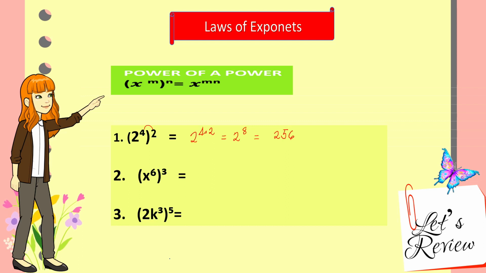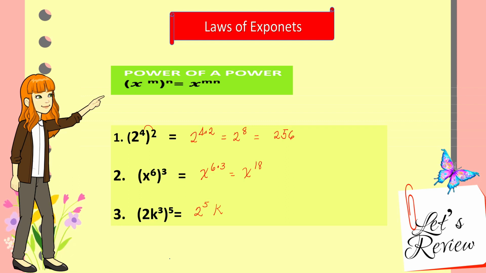Number 2. The quantity x raised to the 6th power cubed. So, we will multiply 6 times 3. This is equivalent to x raised to the 18th power. Number 3, the quantity 2k cubed raised to the 5th power, we have 2 and then 5. So we will distribute the exponent 5 to 2. Because 2 has an exponent of 1, 1 times 5 is 5.